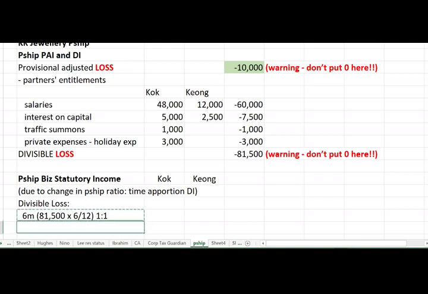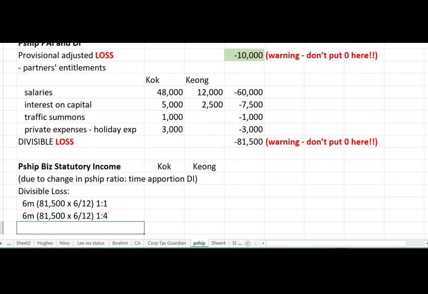And then the other 6 months, the ratio is 1/4. I just moved away the space so that I can give you my calculation here. Negative 81.5, 6/12.